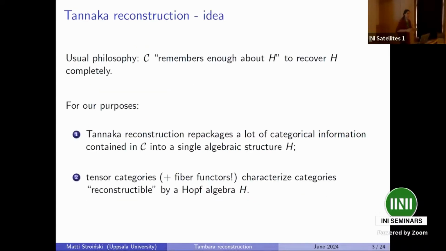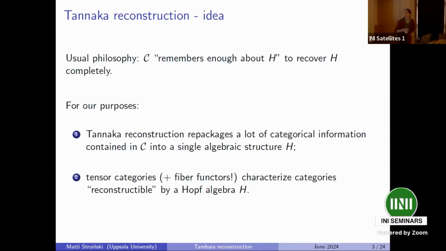So usually what is exciting about the Tannaka reconstruction is that this category of representations contains enough information to remember H, our Hopf algebra, if we, of course, also remember the fiber functor. But for our purposes, I want to take a bit of a different, opposite perspective.